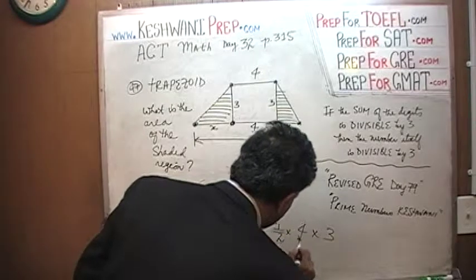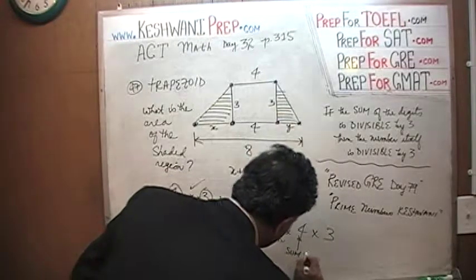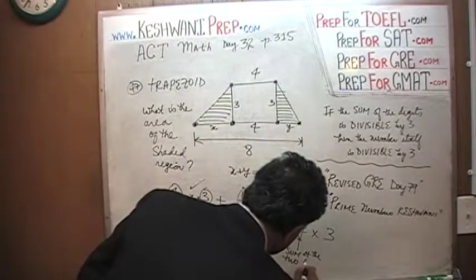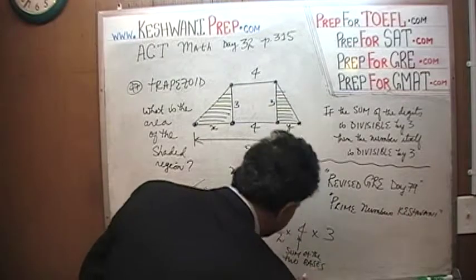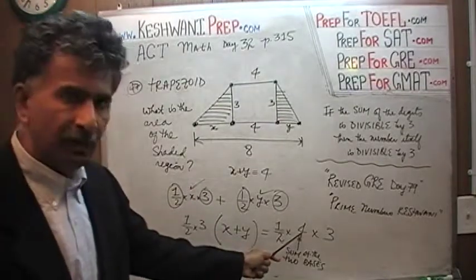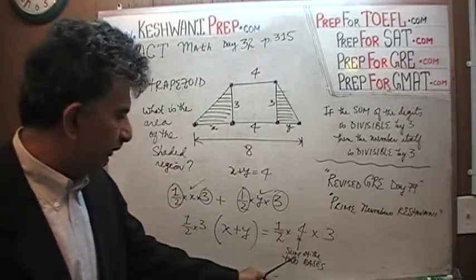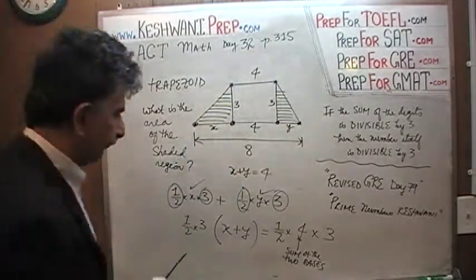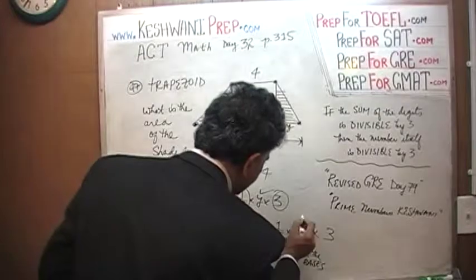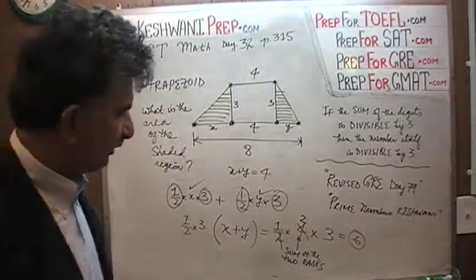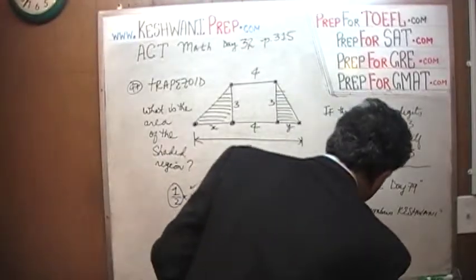Now here 4 represents the sum of the two bases. It's still the same, 1/2 base times height, except here we're dealing with bases. The sum of those two bases is 4. That's all. 2 cancels out with the 4, and the answer is 6, which is answer choice B.